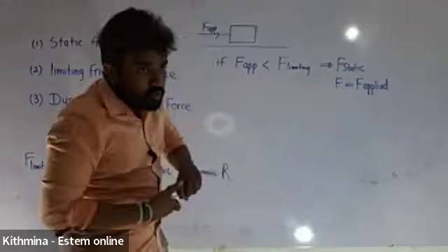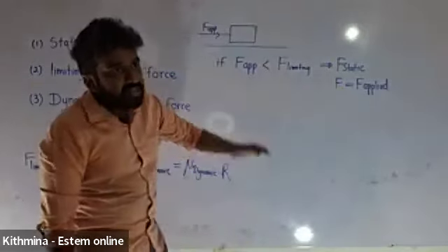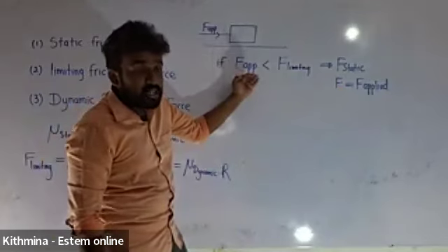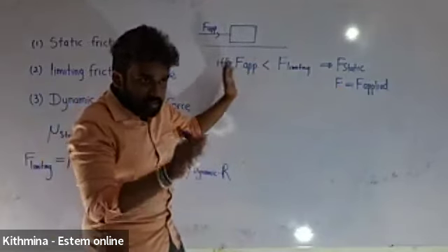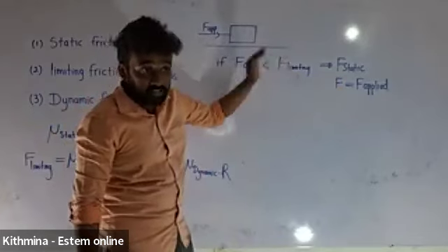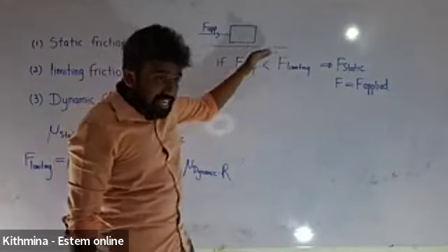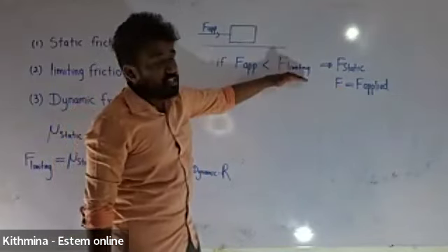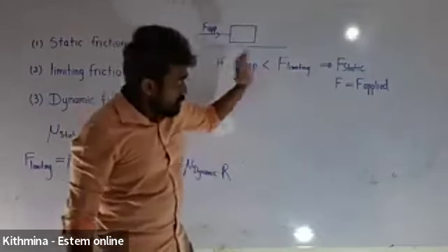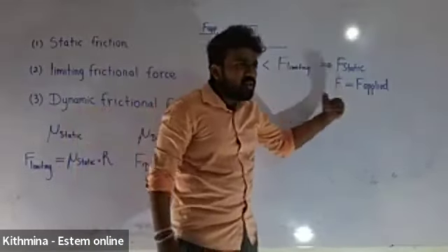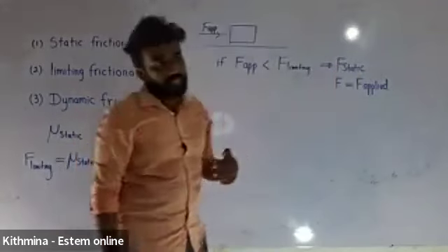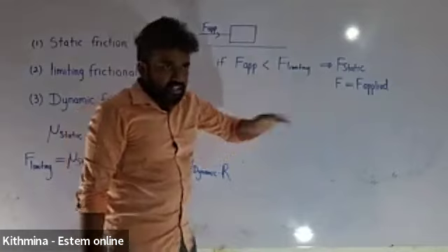Therefore, the object will not move. If we are applying a force, but the applied force is less than the limiting frictional force, then the frictional force is equal to the applied force. Therefore, the net force becomes zero. The object will not move.